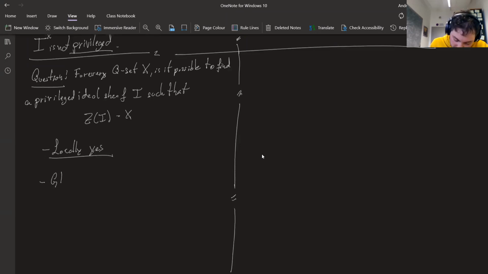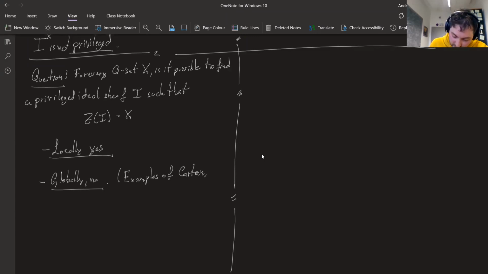But globally, the answer is no. So there are some very nice examples of Cartan here that go back to Cartan, which are global in Rn.